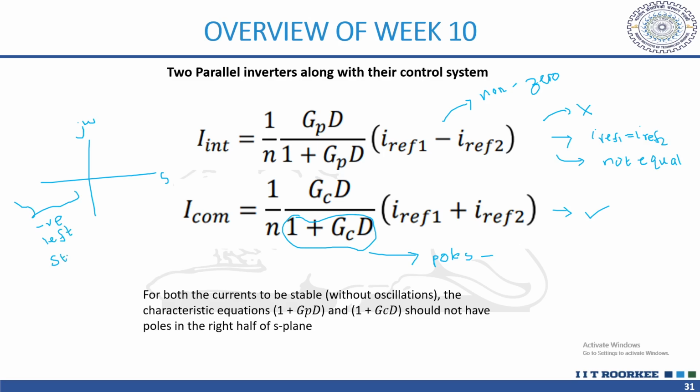So if you have the poles of the system in this region, then it is a stable system. If you have S equal to 0, then you get an oscillatory response. And if you have positive, that is poles in the right half, then it is unstable. And here it is marginally stable, right?